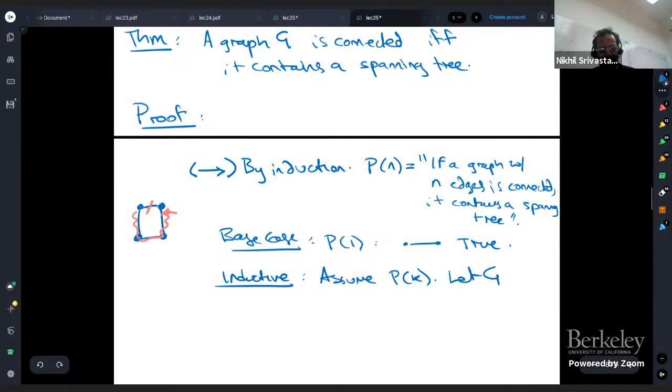And now let G be a connected graph, right? So I want to prove that every connected graph with k plus 1 edges has the property. So let G be a connected graph with k plus 1 edges.